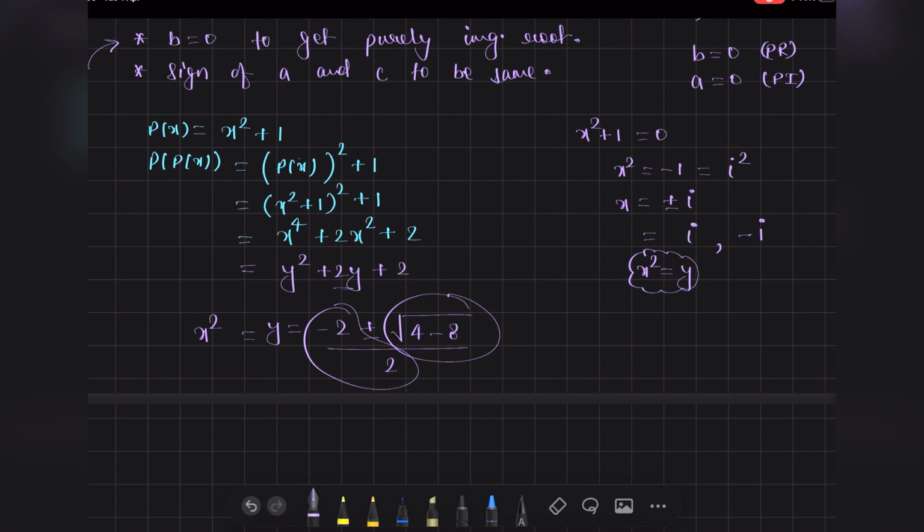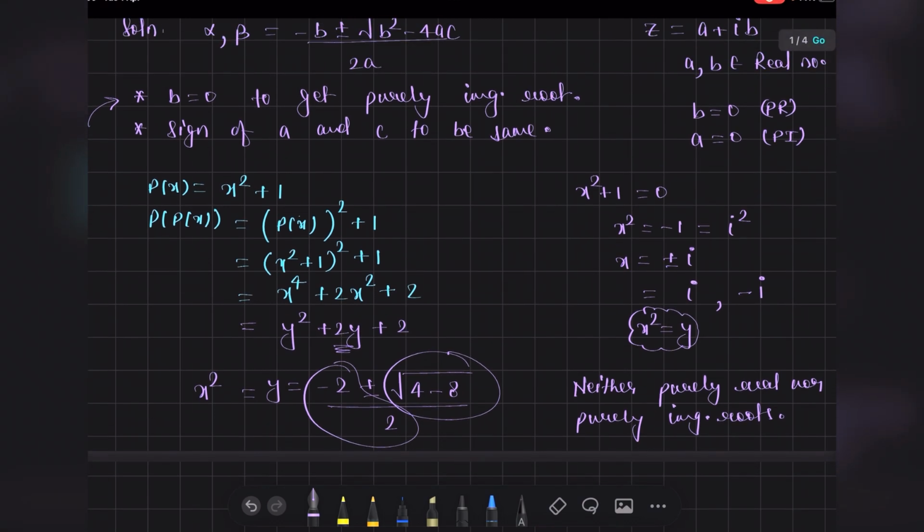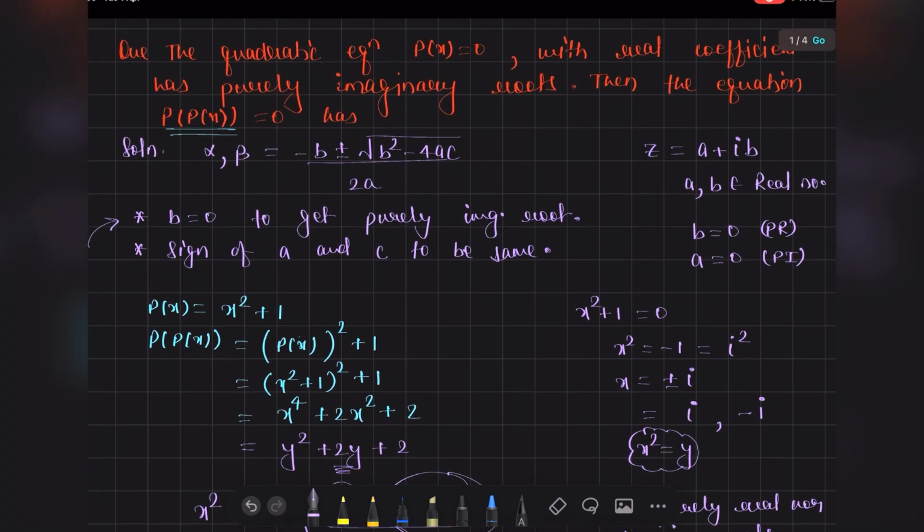But here that thing is not 0, so you will have neither purely real nor purely imaginary roots. We will have roots, but they are not purely real and not purely imaginary as well. Hope this question is clear.